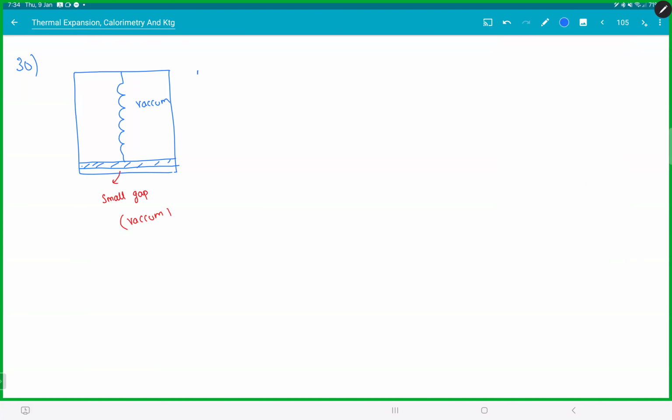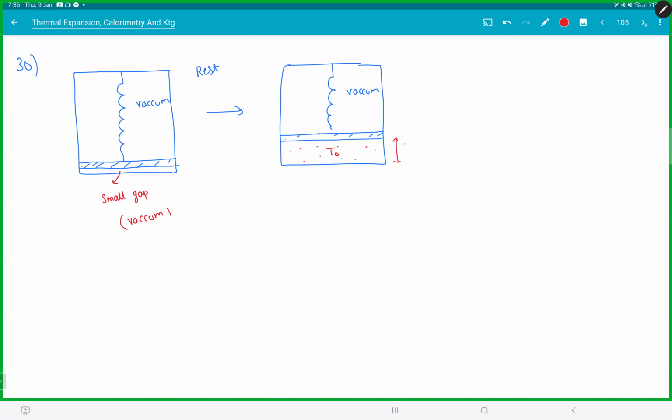Initially, system is at rest. Then what you did, remember, this is still vacuum. You injected some gas into this gap. So you introduce some gas in here at temperature T0.